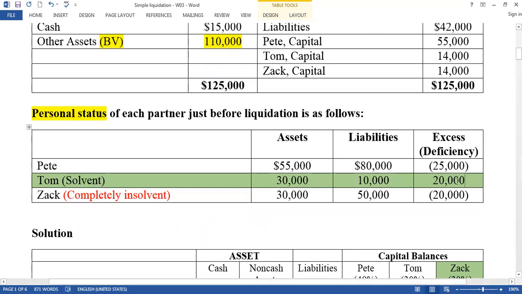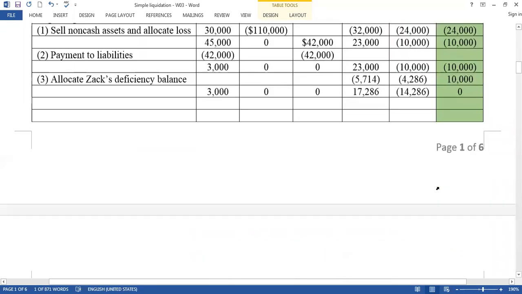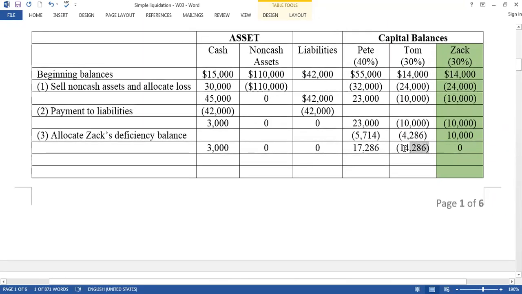Because look at that, he can share loss up to $20,000, because this is the excess money he has personally. And this $20,000 is greater than his capital deficiency, right? My deficiency in the business is $14,000, but in my pocket I have $20,000.